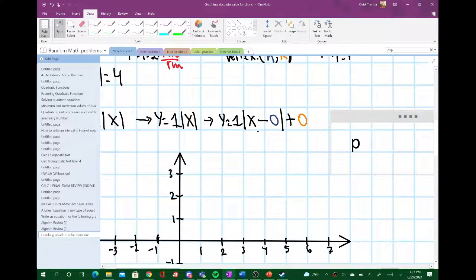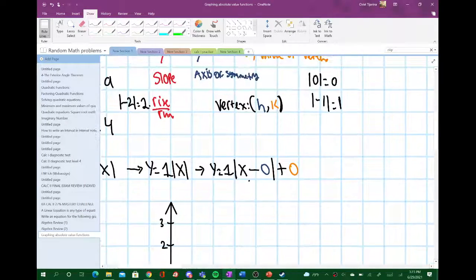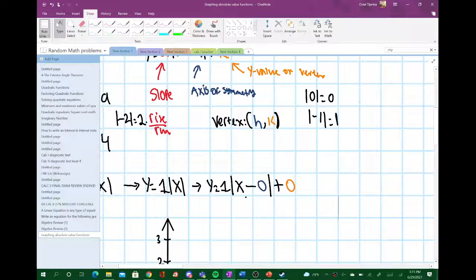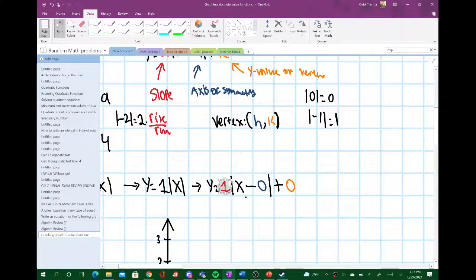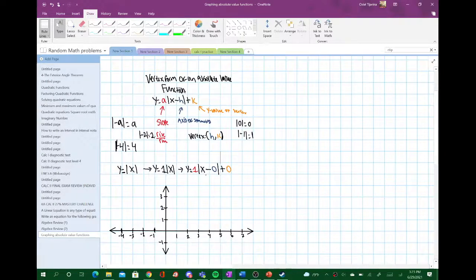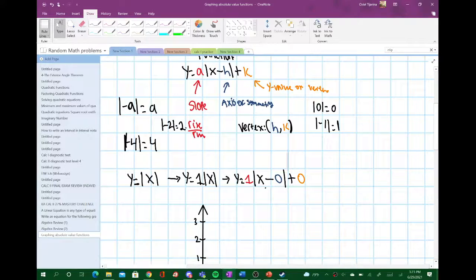Give me 1 second. So looking at it this way, I can put the 1 in red, just so you guys can see the pattern that I'm looking at. This is still the absolute value of x, it's just written in vertex form. Now, of course, you wouldn't do that. If it helps, you can.